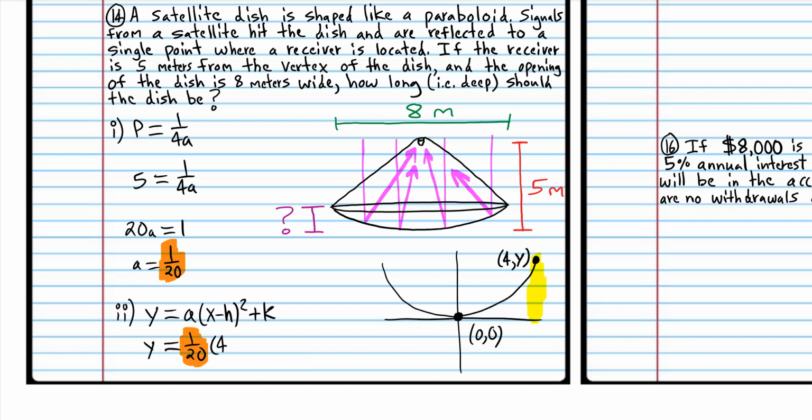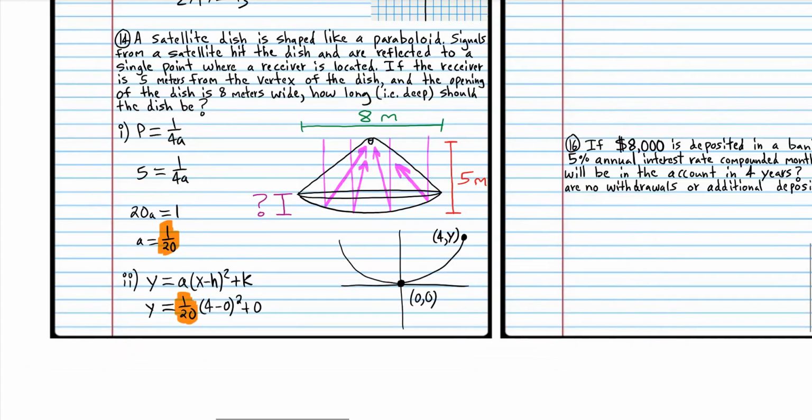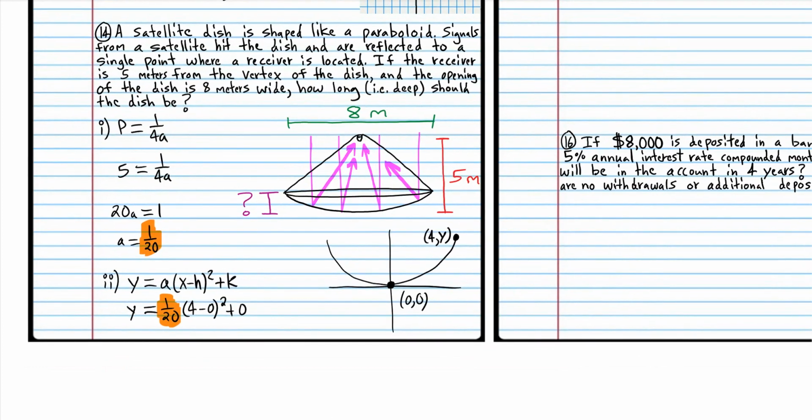That's how deep the dish is going to be, or how long it is. So I have 4 minus the x value of the vertex. The x value of the vertex is 0, and the y value of the vertex is 0. So if we do the math, we can find y, and once we find y, we'll be done.